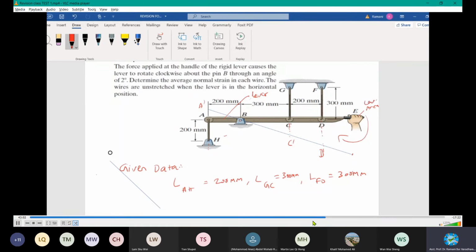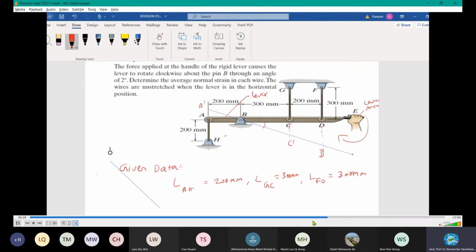Now when you rotate it, the lever will change position from AD to AD dash and E dash. We are rotating actually. Let it be like this, so it changes to AD dash. You see the differences in the values.